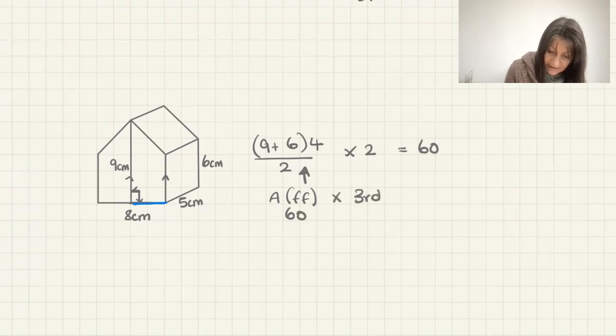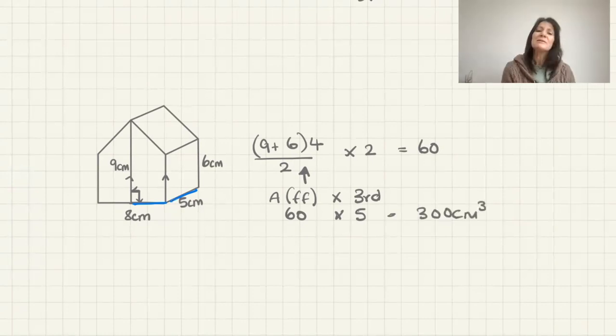The third length is that one, the one that creates the 3D shape for me. So I'm going to be timesing that through by 5. It's going to give me 300 centimeters cubed because I'm finding volume. So it doesn't matter what that front face is, that's where the work is. I'm doing my area, and once I've got that, boom, straight through with that one extra number being multiplied in.